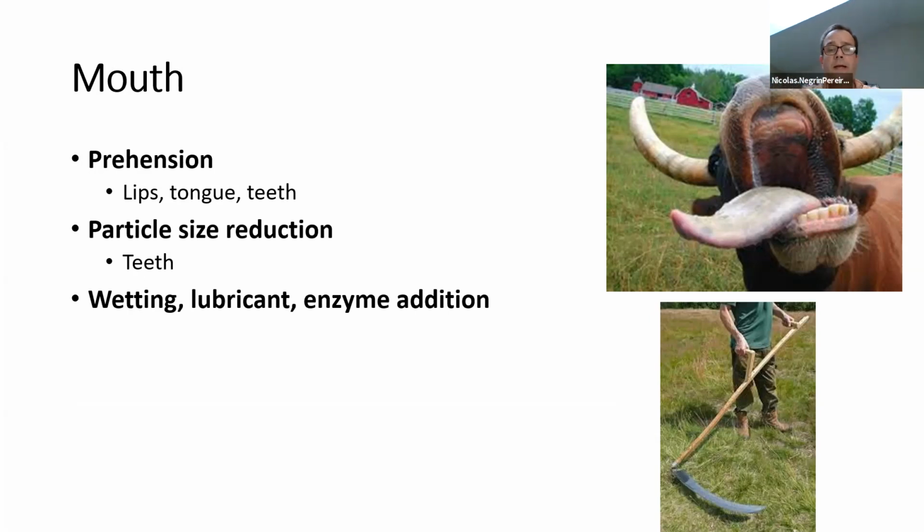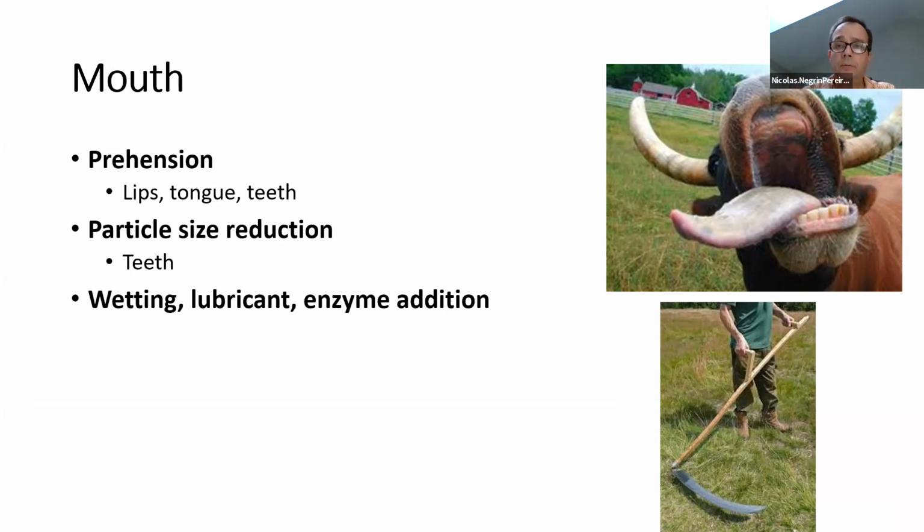That has to do with the diet and how different types of teeth contribute to this digestive process. Also in the mouth, there are other roles fulfilled by this organ, which is wetting, keeping the feed wet. That contributes to and improves digestion.